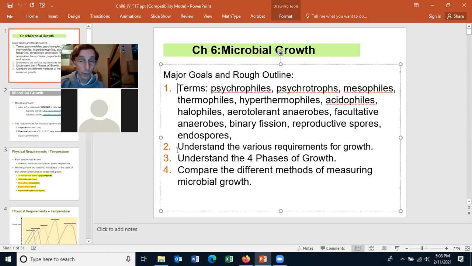Understand the various requirements of bacterial cells for growth, and we are going to talk about a few other cells, and you can use these requirements for other organisms, but we're really only going to look at it in this lesson for bacteria. Understand the 4 phases of growth, and then compare the different methods for measuring microbial growth.